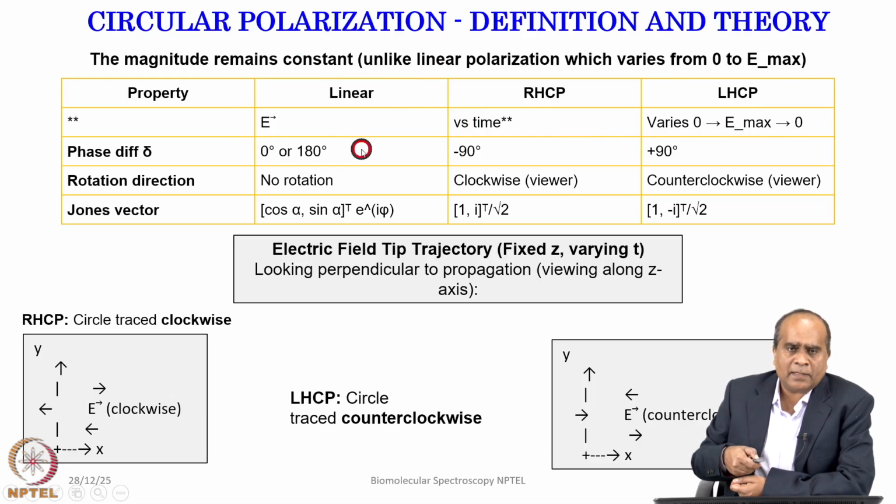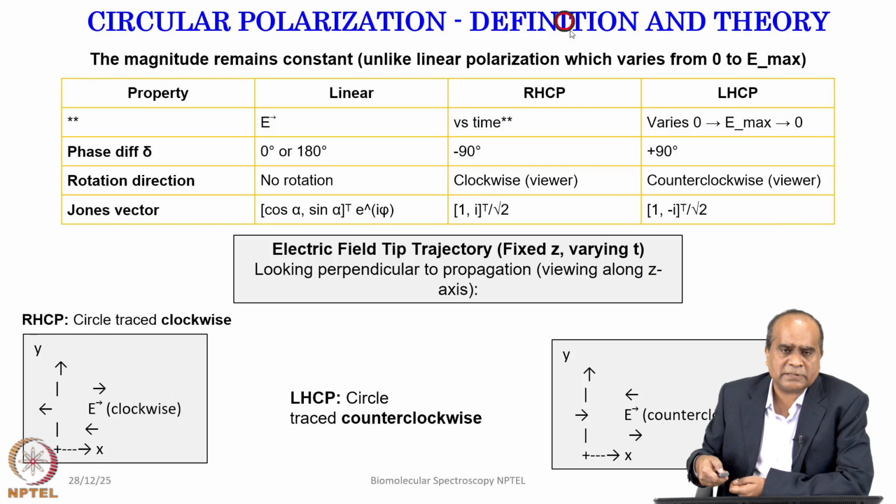E prime is linear, here it is versus time, and we can have 0 or 180 degrees, here a minus 90 degree phase shift, here a plus 90 degree phase shift, with no rotation happening for linear. For the viewer, here clockwise rotation is happening, and here counterclockwise rotation. And the Jones vector here one can have cos theta, sin theta, and you can put it in this matrix to find out how much intensity is coming out.